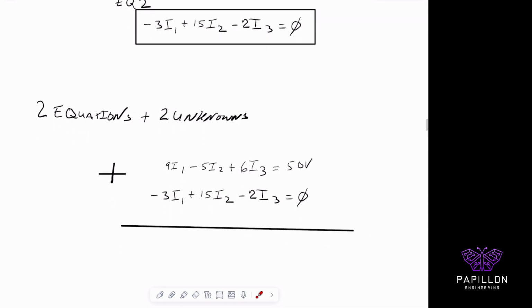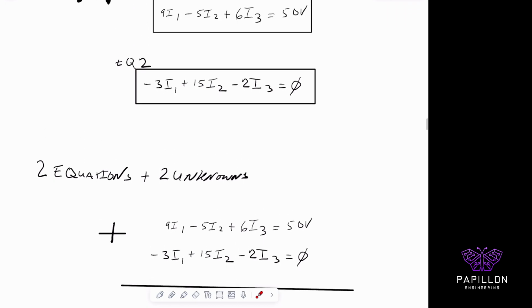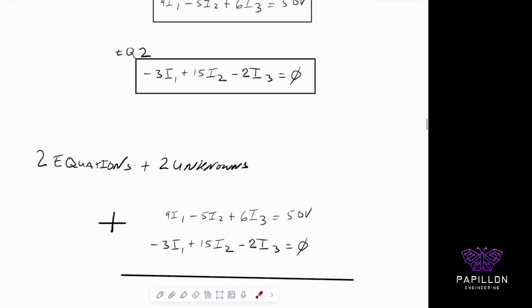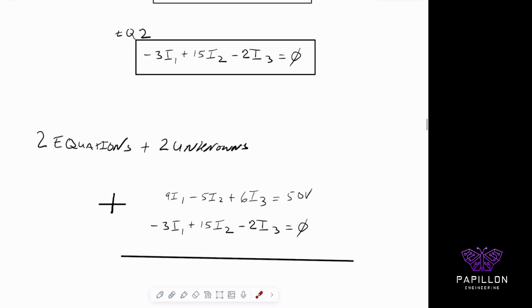One mathematical technique that we can do, we can take our equation of our supermesh and our equation number 2, and we can simply combine them, right? Or simplify it. What we're trying to do mathematically is hope that we can somehow quantitatively remove either an I1 term, an I2 term, or an I3 term. And right off the bat, you can see that I can't do that directly.